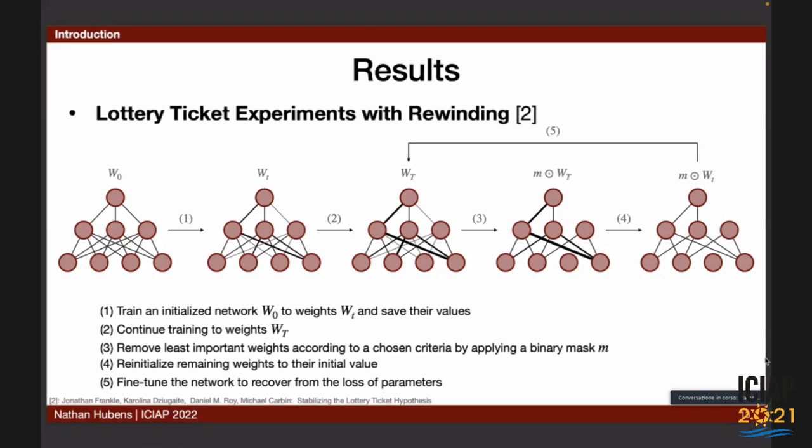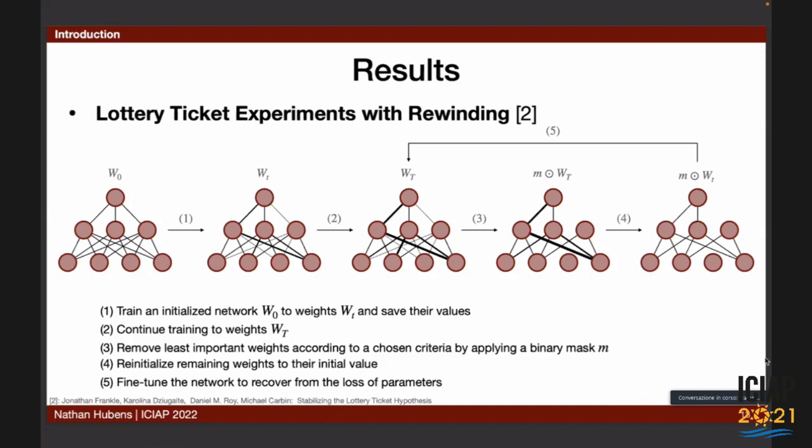Authors have since then weakened their hypothesis a bit because it was not proven to be true for big datasets or architectures, and proposed the lottery ticket with rewinding, which instead of starting from the initialization, starts from the value of weights a bit later during the training.